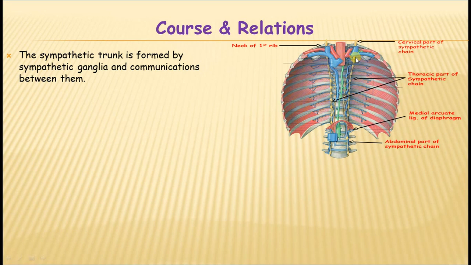So this is called the thoracic part of the sympathetic chain, which is seen on either side of the vertebral column, and it is related to the head of the ribs. It continues downwards into the lumbar region as the lumbar sympathetic chain, and finally they fuse in front of the last piece of sacrum or coccyx as the ganglion impar.